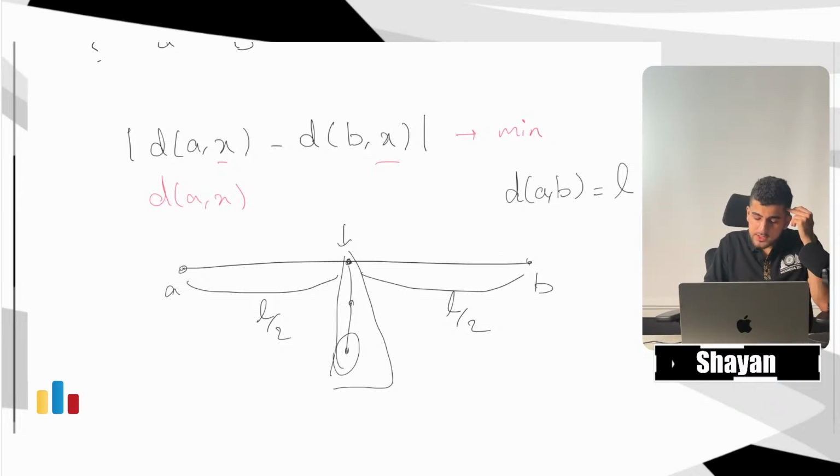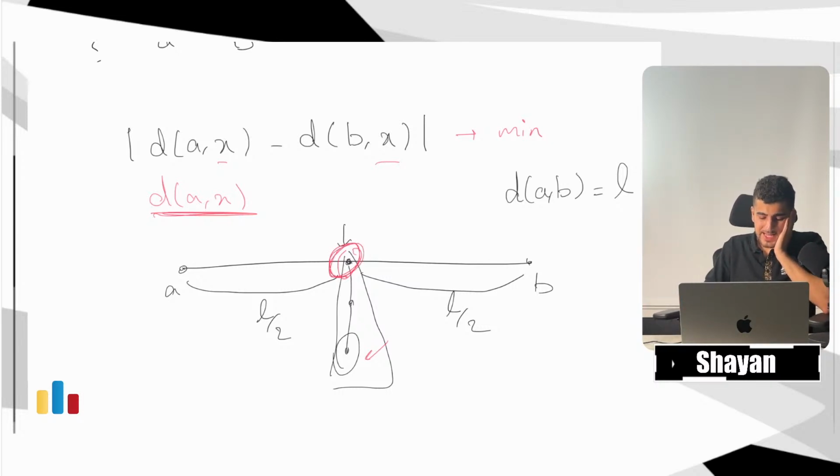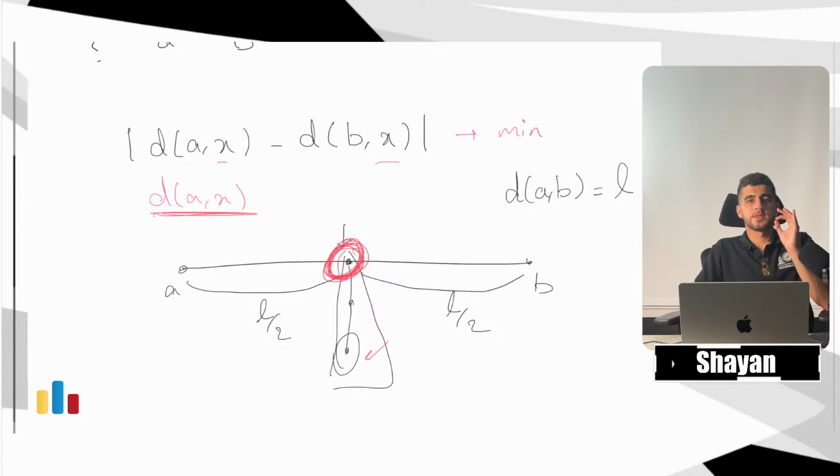But because we find such an x that minimizes d of A and x, we will definitely choose this one over this one, because this is closer to A.